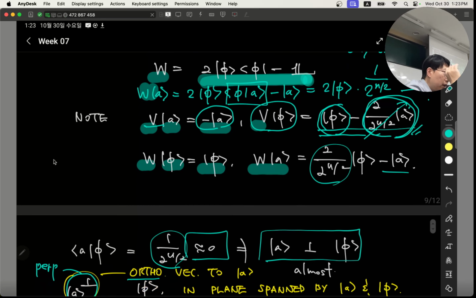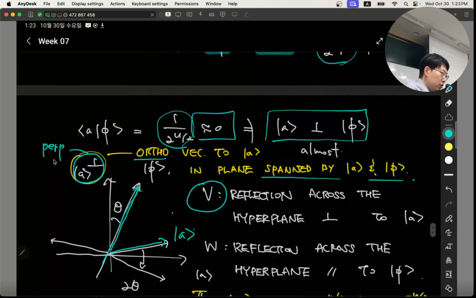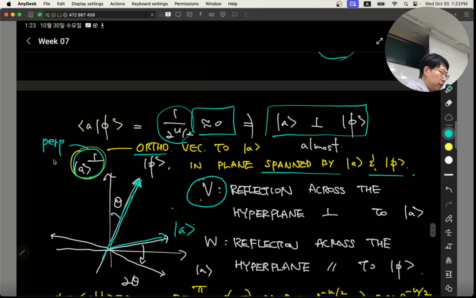So you can assume that V is taking phi to phi and taking A to minus A. In some sense, it's the same thing as reflecting the plane through the phi direction. So here's the phi direction. What V does is reflecting across the perpendicular direction of A, the hyperplane perpendicular to A.